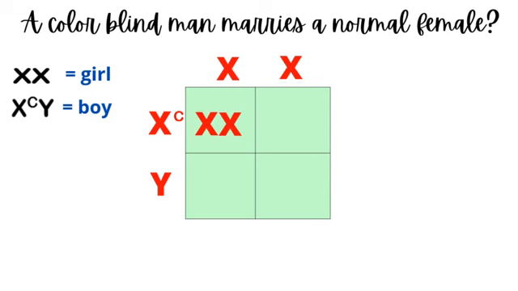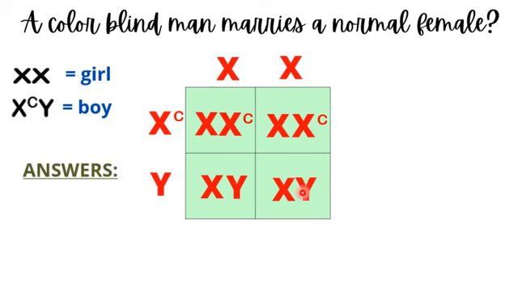Copy and then copy. For the first offspring, we have XXC, and then XY for the second, XXC for the next one, and then XY for the last. So using the Punnett square, we can now answer. What are the genotypes for the male?